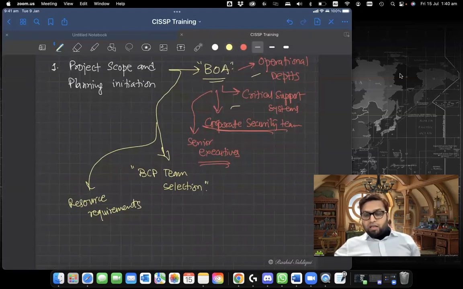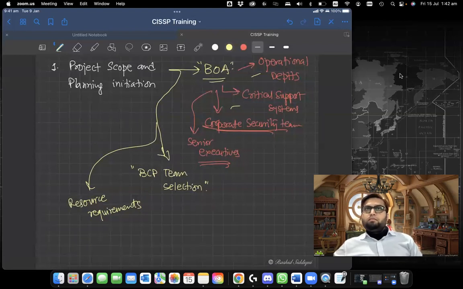But there are certain other things: the people who will be working on it will need time and effort, and there will be some financial implication as well. They may need some new computers, or they may divide their time, so we will need extra people if they are not working in the operations department. The existing team is not working in one department, they are doing BCP work as well.